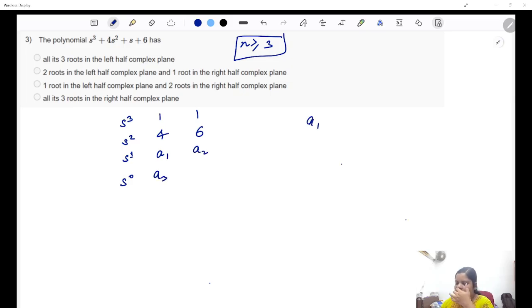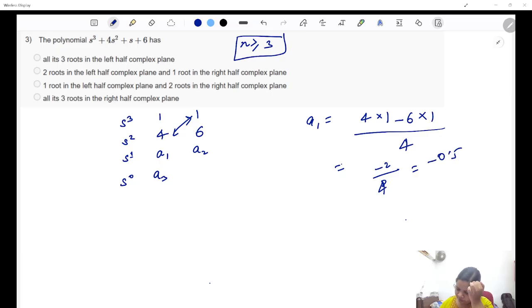How would you find a1? a1 would be 4 into 1, which is basically this cross multiplication, minus 6 into 1, upon 4. So it's going to be 4 minus 6, which is minus 2 by 4, which is minus 0.5. So we can replace it directly by minus 0.5. We don't have anything over here.